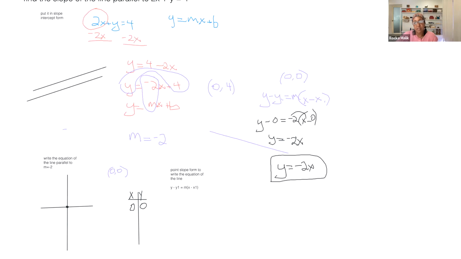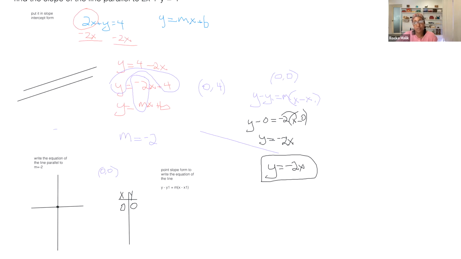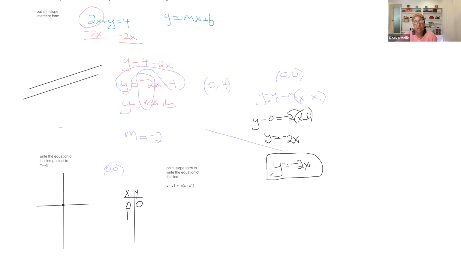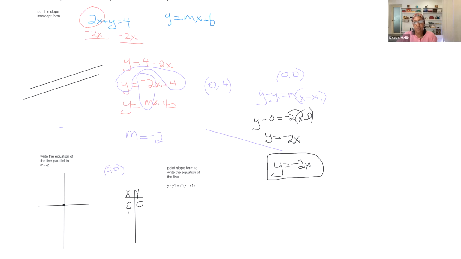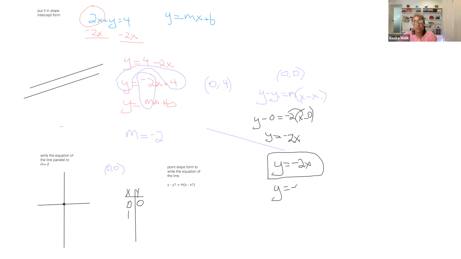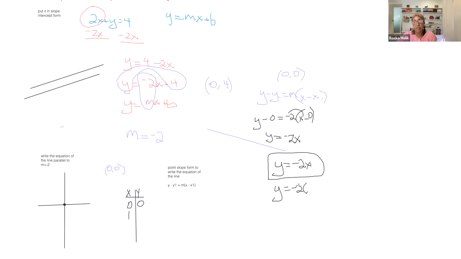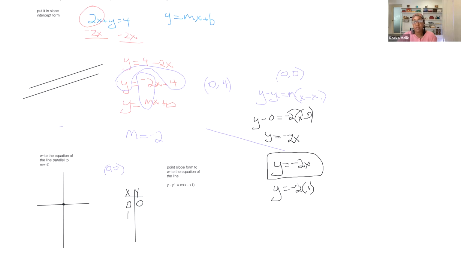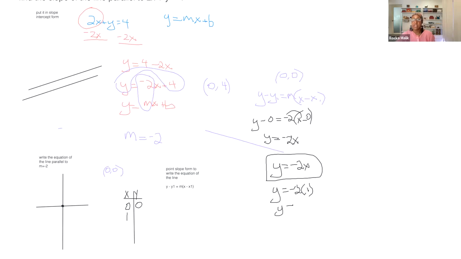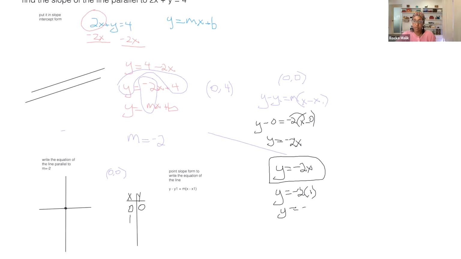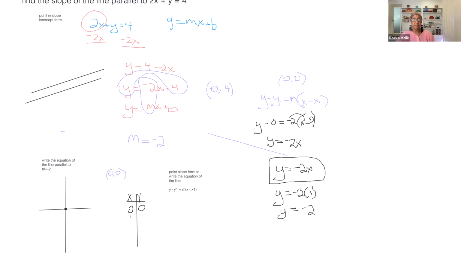I'll choose something else. I'll choose 1 for X. When X is 1, I have Y equals -2 times 1. So Y equals -2. And that's another point.